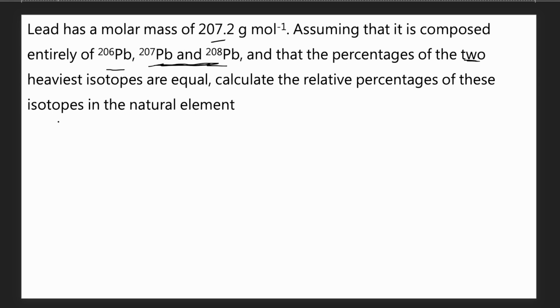Because they are equal, I can just say for Pb-207 and Pb-208, x, and then Pb-206 could be 100 minus 2x.